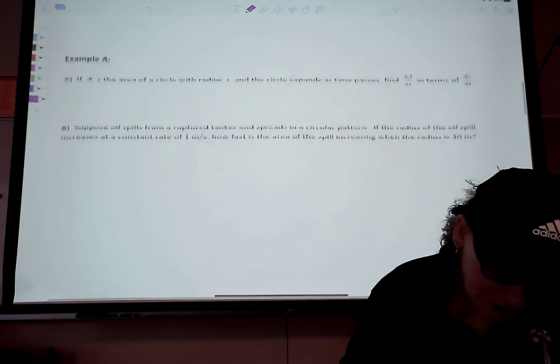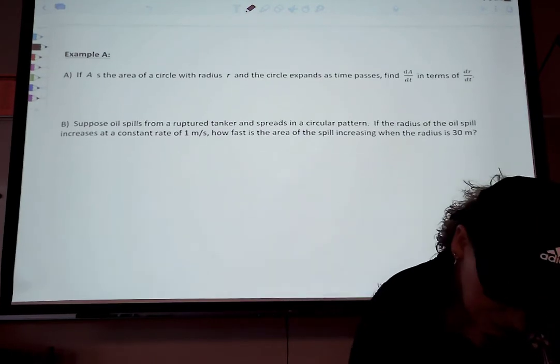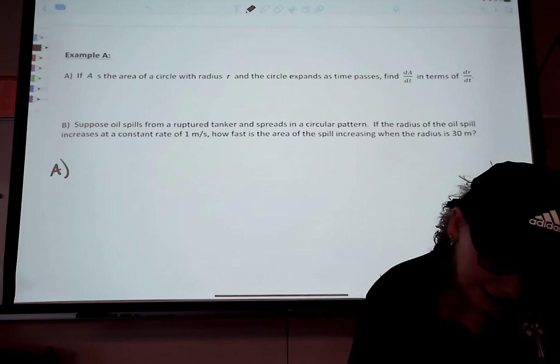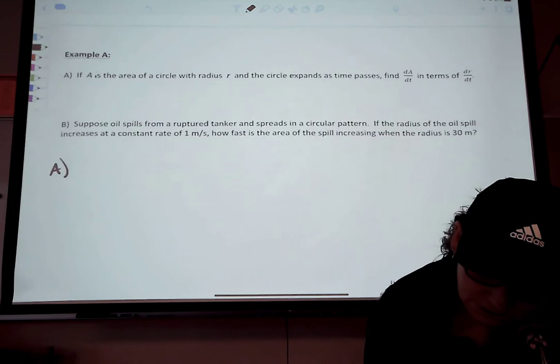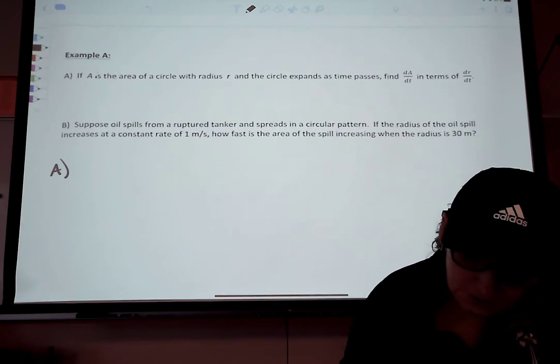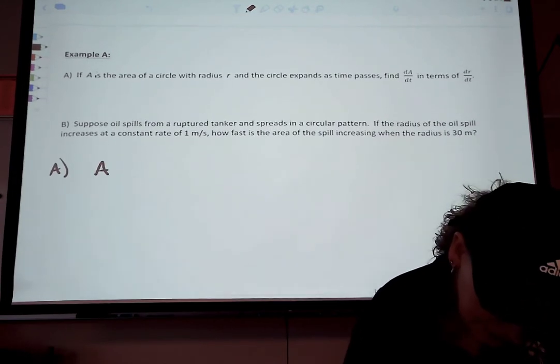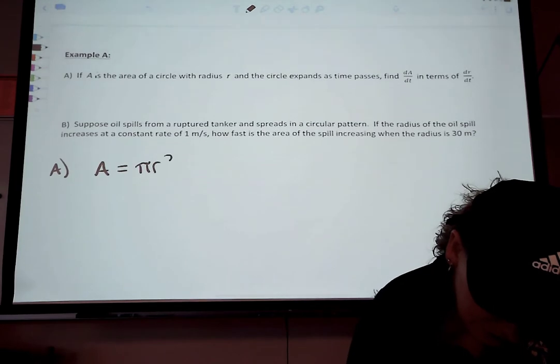Okay, last one. These go together. Part A. A is the area of a circle.